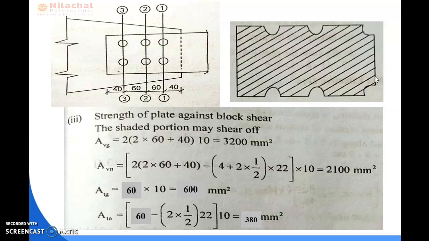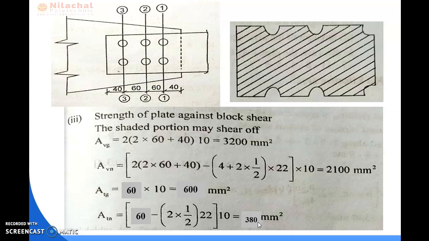So total is 1. So 1 into diameter of the bolt hole, which is 22. So 1 into 22 whole multiplied by 10. So by calculating this, we got the value 380 mm square. So ATN value is 380 mm square.